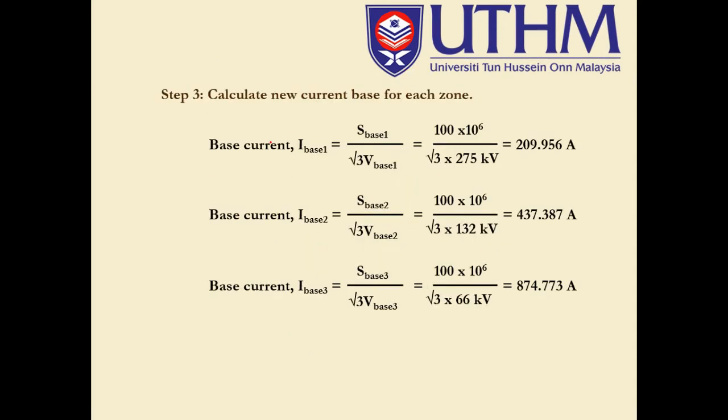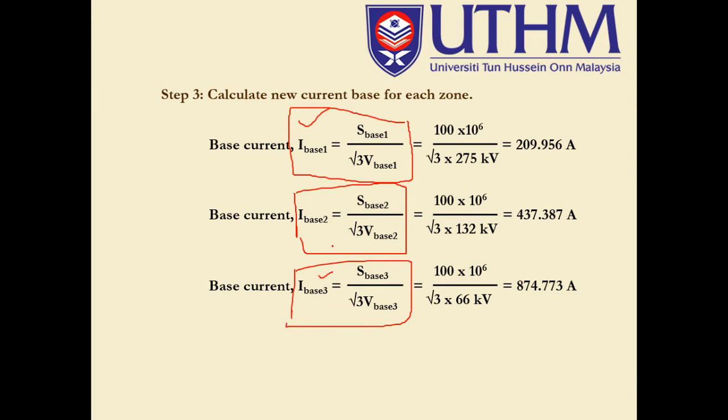Step number 3, calculate the new current base for each zone. You must be familiar with this equation: I base equals S base over square root 3 V base. We have base number 1, number 2, as well as number 3.